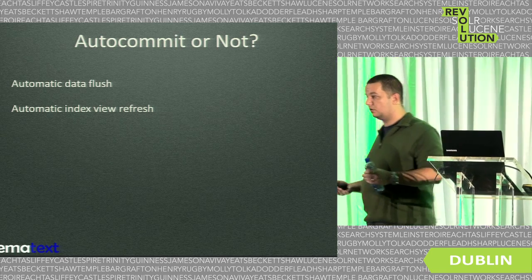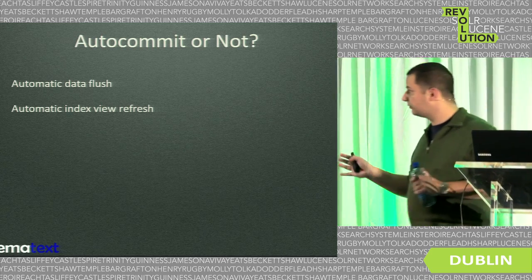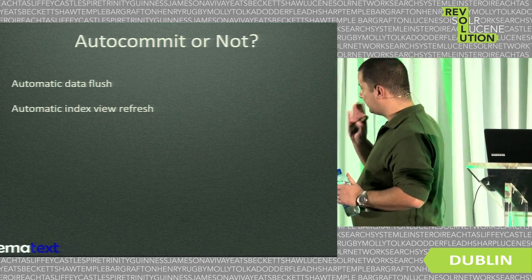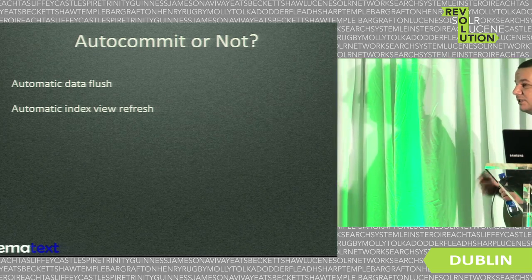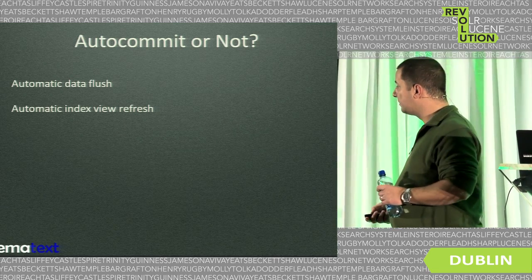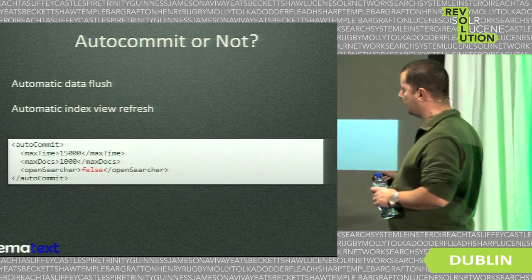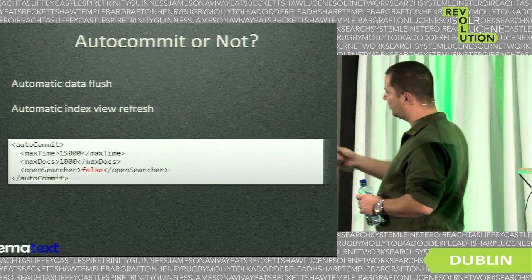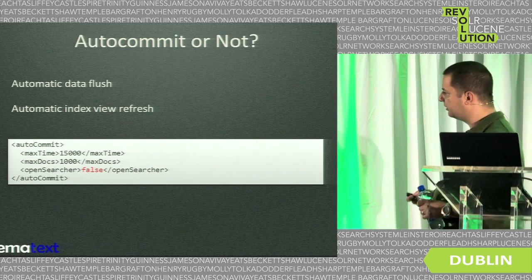It can also refresh the index, but we'll talk about it. And there is a soft autocommit that is only there to ensure visibility, so to refresh your index searcher.